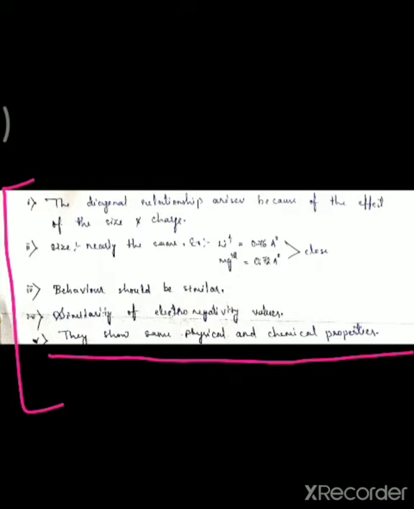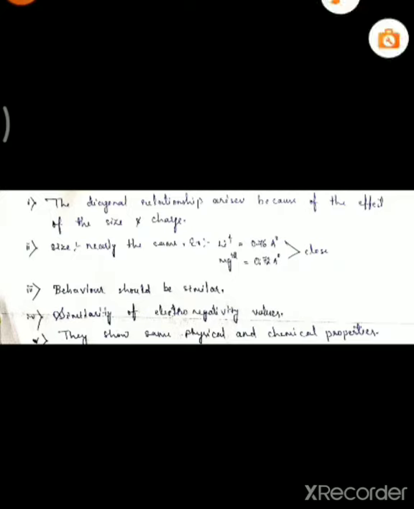What are the reasons? We saw these five reasons. The last one is that they show the same physical and chemical properties also. That's why this is the diagonal relationship, where certain properties resemble or are similar.